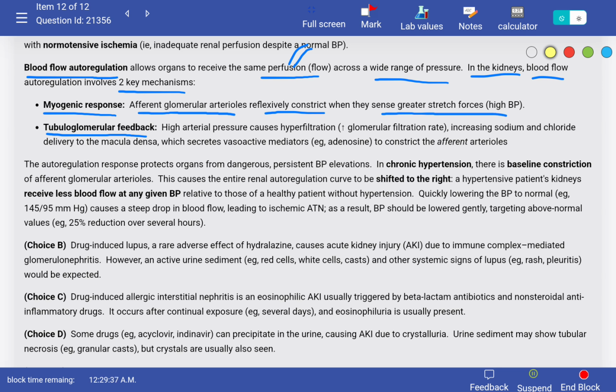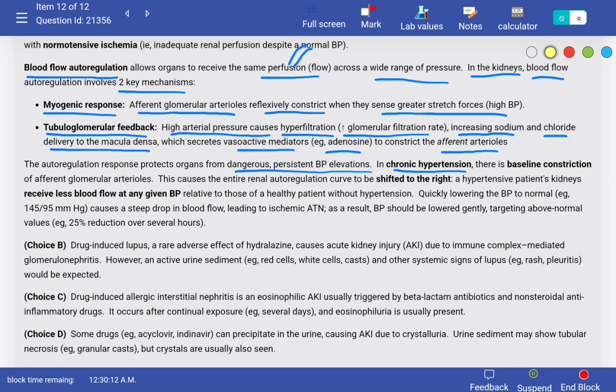In tubuloglomerular feedback, high arterial pressure causes hyperfiltration, which increases glomerular filtration rate and so increases sodium and chloride delivery to the macula densa, which secretes vasoactive mediators, adenosine, to constrict the afferent arterioles. The autoregulation response protects the organ from dangerous persistent BP elevations.